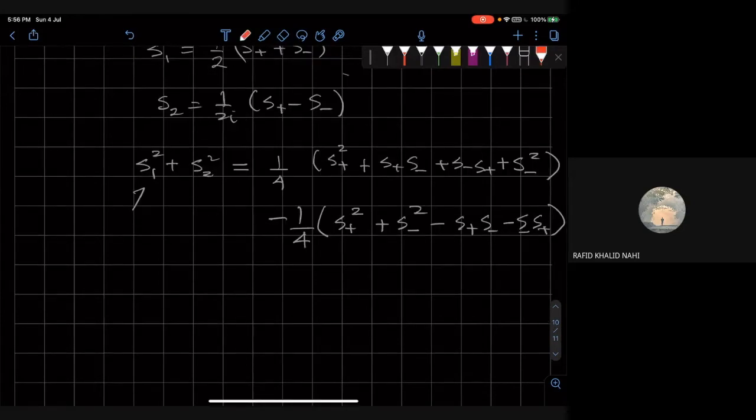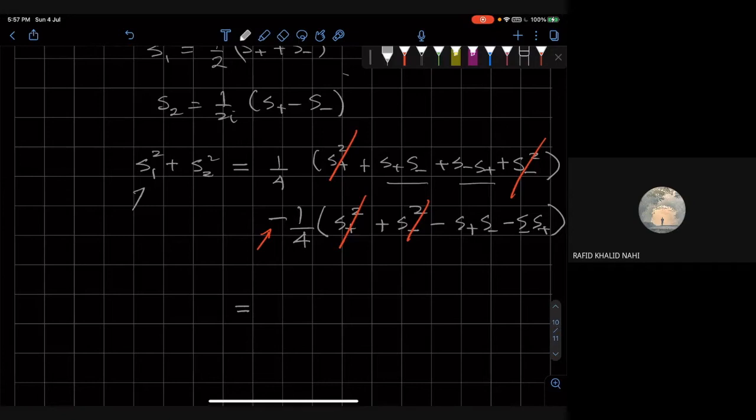So that means this thing will cancel this thing, and this thing will cancel this thing, right? Because of this minus sign. So if I now write this out, I get 2S plus S minus and 2S minus S plus.